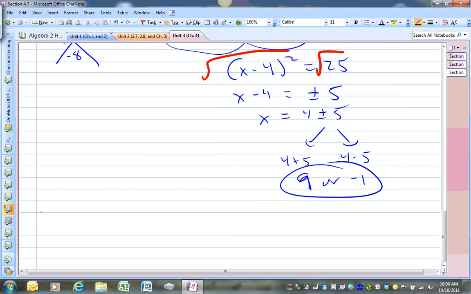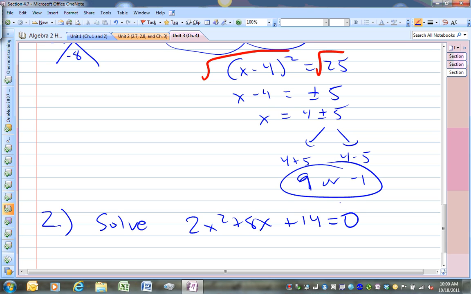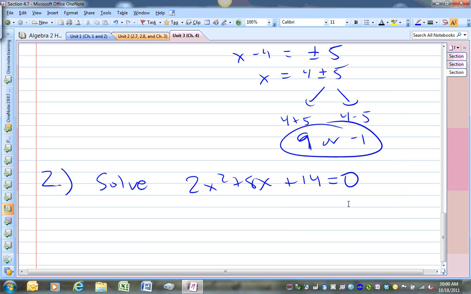So example number 2. Let's solve 2x squared plus 8x plus 14 equals 0. So we're going to follow the same steps.